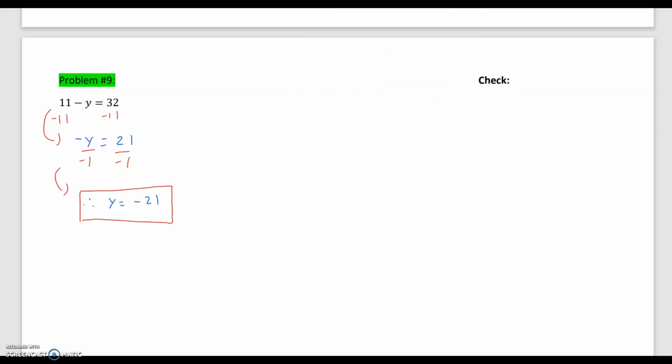Okay, to check it, let's evaluate y is equal to negative 21. And remember that we're plugging it in into the original equation. So 11 minus y is equal to 32.